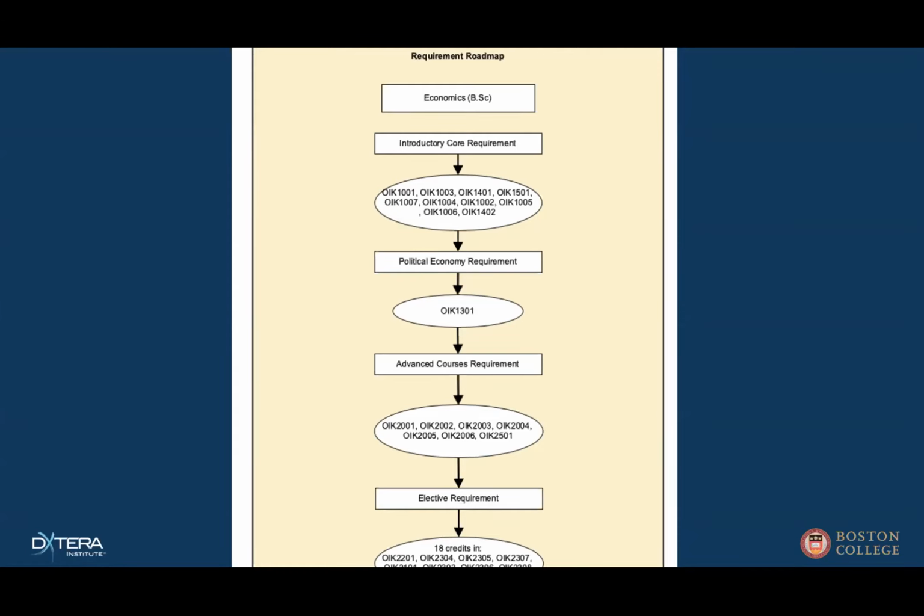And then looking at the rectangles, I get a better idea of what the flow through the program is than just jumping down into one of these sets of courses, this and this or that or the other thing.